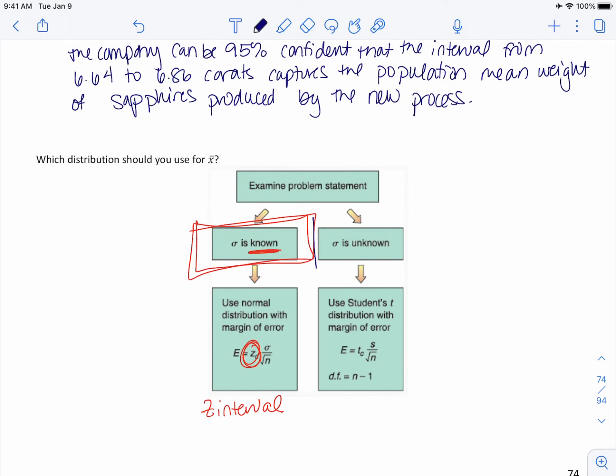When our sigma is unknown, that's what we did today, we're going to use the t distribution with a similar margin of error, but we just use our t c as our critical value with our degrees of freedom n minus 1, and this is when we use the t interval. And that's where we're stopping for today.